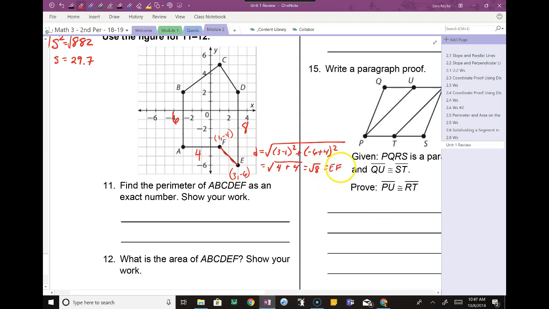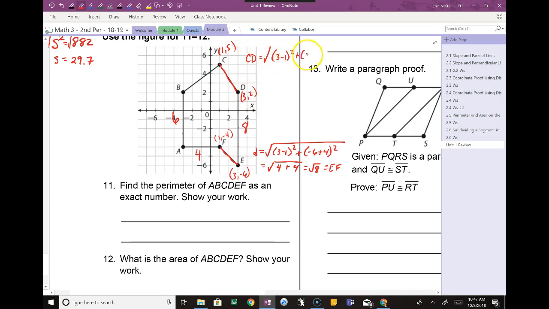Okay, so now we're going to do C to D. So C is 1, 5. D is 3, 2. So from C to D, our difference in x's, so 3 minus 1.